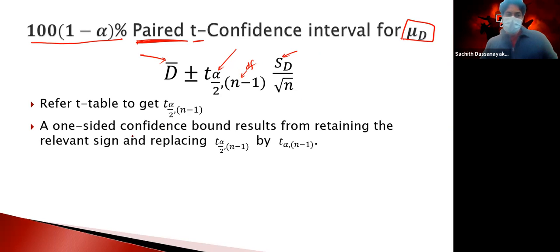One-sided confidence bound results, yes. One value can be this one, the other value can be this one. They have mentioned this here: relevant signs and replacing.